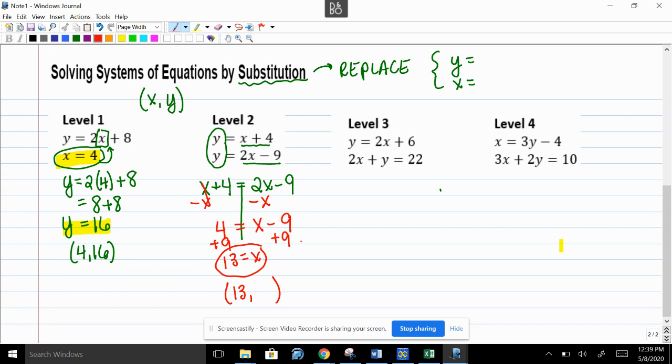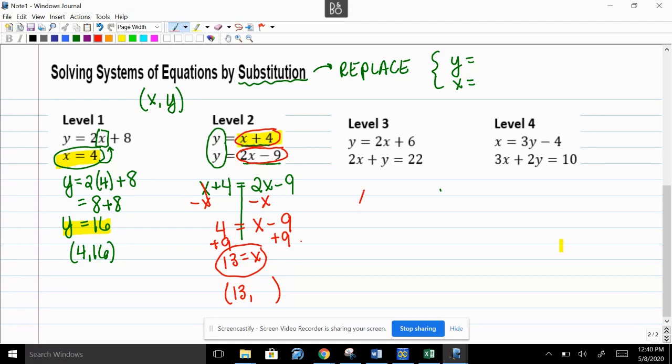Now, how do you find the second half? Okay, this is where you go back and you substitute. You can put it here for x, or you could put it in there for x, right? Why doesn't it matter? Because remember, this is working as a system. And because it's working as a system, no matter where you put it, you're going to get the same answer. The easier equation looks like this one.